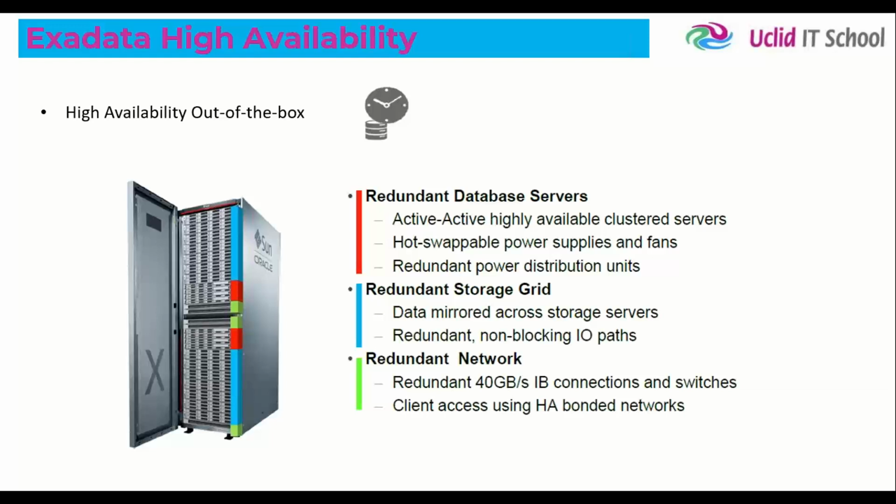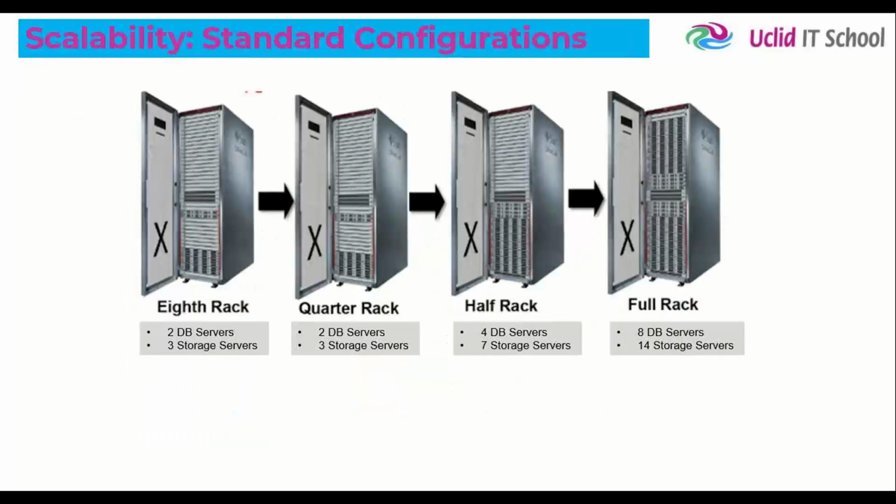And redundant networks are configured. Even if a network switch fails, a network cable fails, or a network card fails, the communication will not stop because you have redundant networks implemented. So everywhere redundancy is built into the Exadata system. There is no single point of failure. So that way, high availability is out of the box.